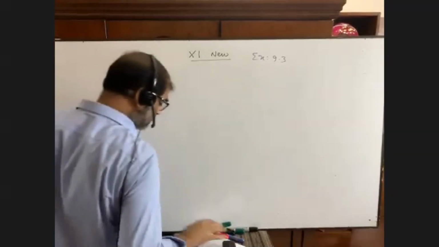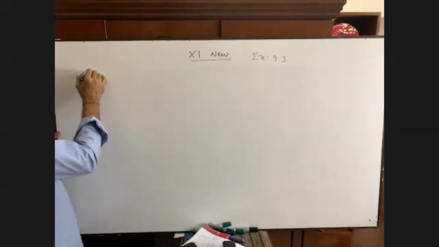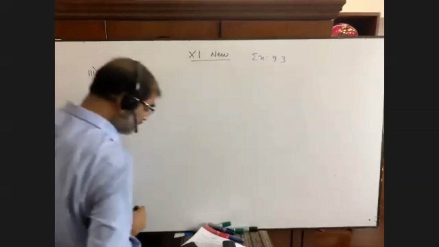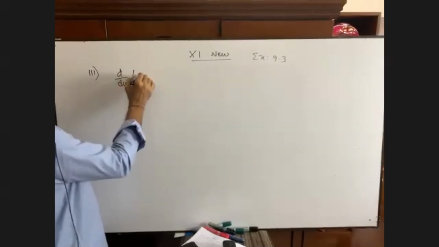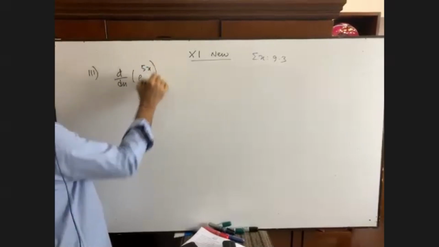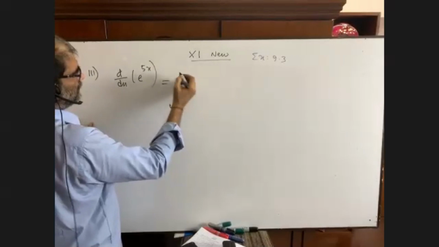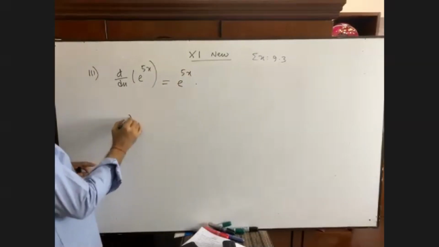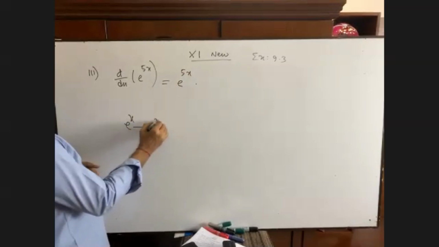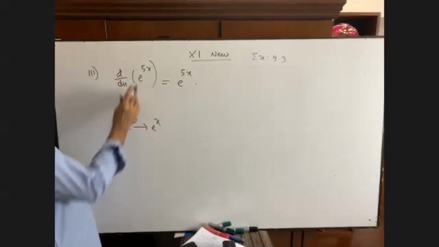I am going to question number 3. D by dx of e to the power 5x. So what is the differentiation of e to the power 5x? E to the power x is what? E to the power x is e to the power x. So I have written the same, but it is not x, it is 5x.